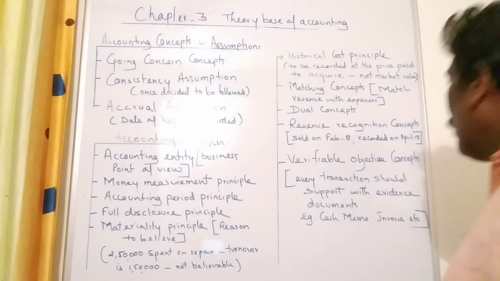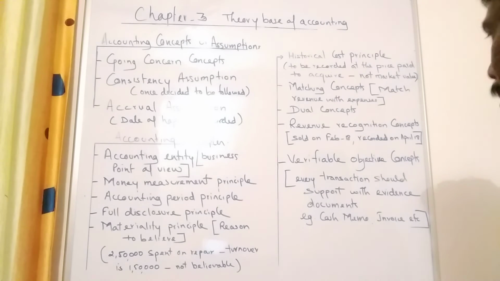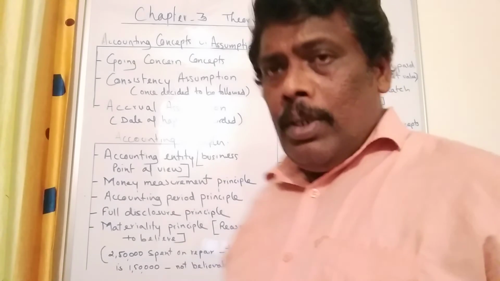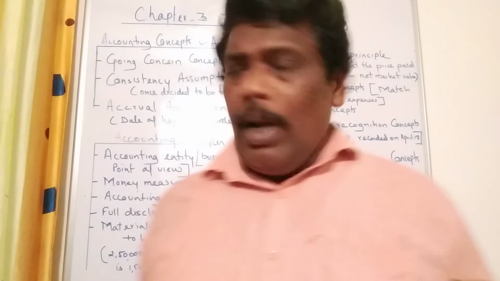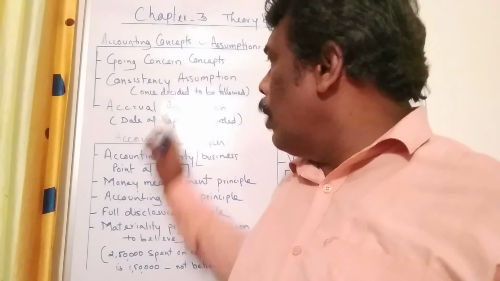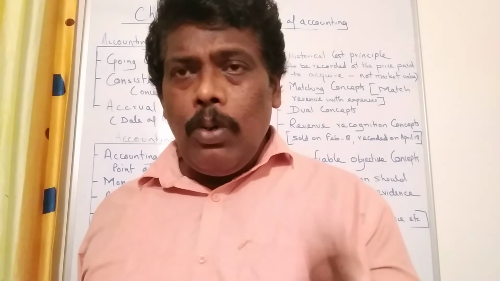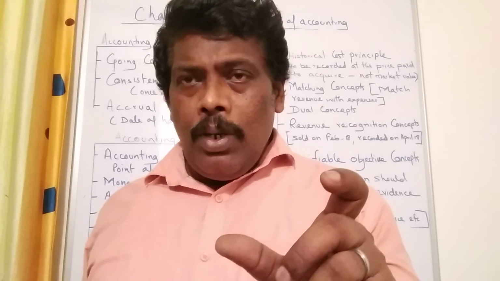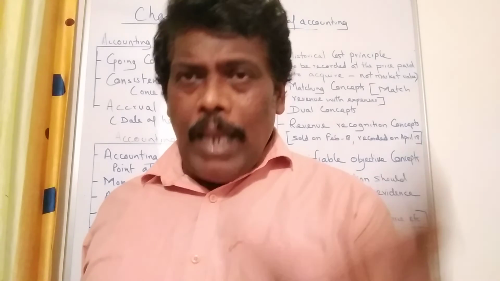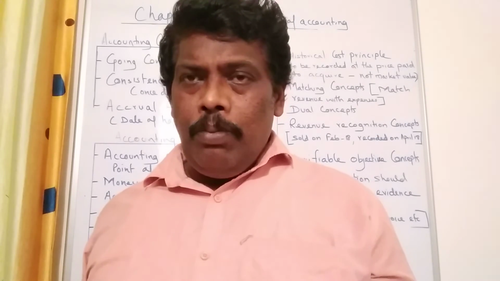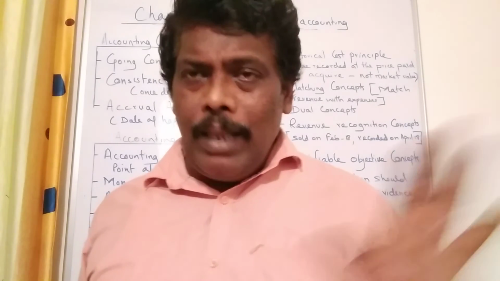Next is the revenue recognition concept. It says that, just now I told you about the accrual assumption, the dealing date has to be considered. For example, sold goods on 10th March, but payment received on 10th April.